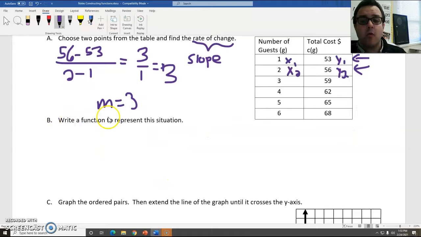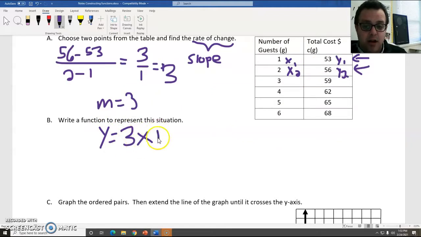So now it says, hey, write a function that represents this situation. So let's take this. We're going to have y equals 3x plus b. Let's plug in a value. So let's pick one. I'm going to pick 1, 53. Let's put that in. So 53 equals 3 times 1 plus b, and solve for b.